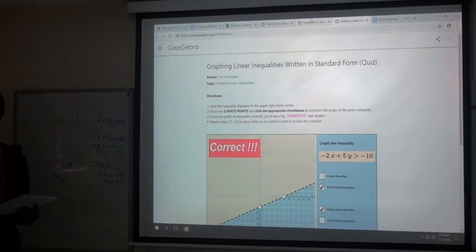Since we are dealing with the R region now, not the shaded region, when I give you a test or an exam, it will be specified. But usually, the R region should actually be the shaded region. It will be specified whether to write the inequality for the shaded region or the unshaded region.